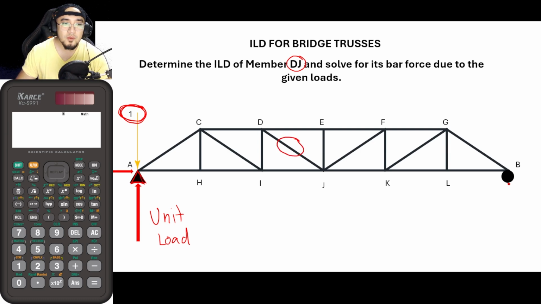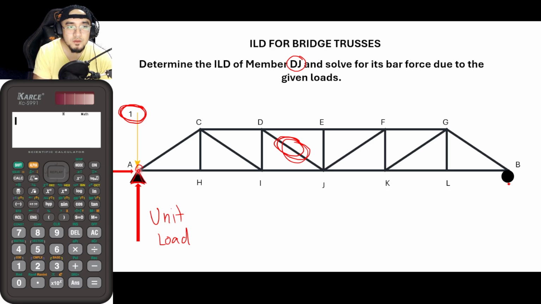Previously we had two methods, namely method of joints and method of sections. If you would be solving for it via method of joints, it would actually be very time consuming, because since we are solving for this bar force, you would be solving for this joint here.